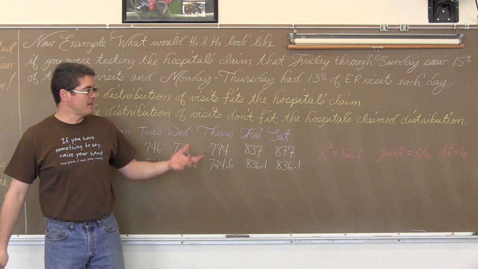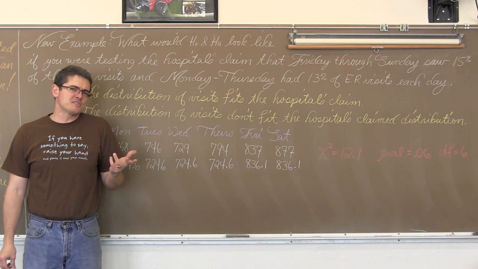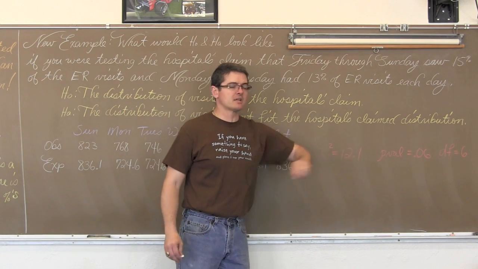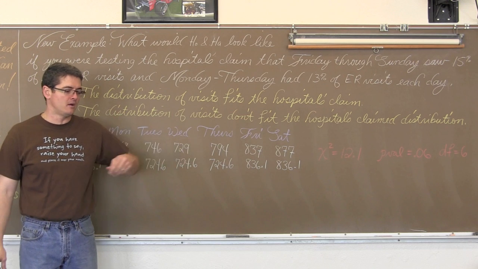So my summary statement would be: my p-value of 6% is the probability of observing a chi-square statistic of 12.1 or more extreme, one closer to the tail.